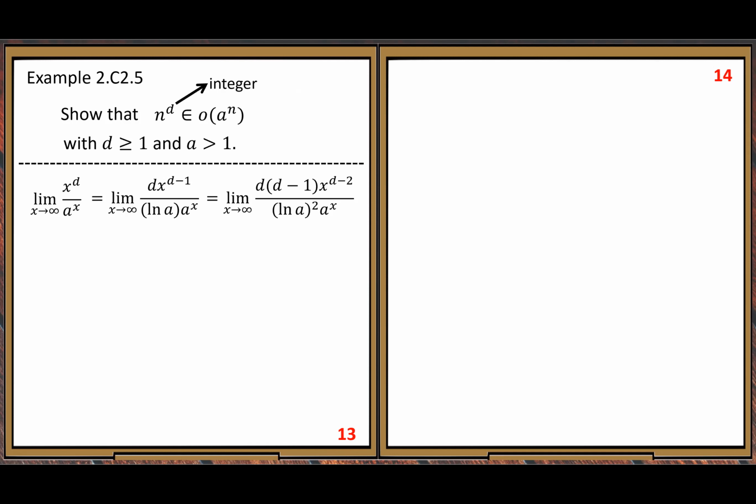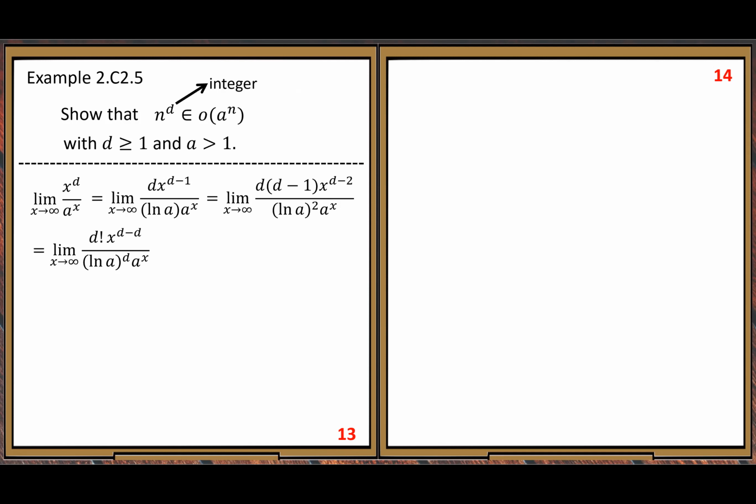You apply another L'Hopital's rule here the second time. Okay? Each time you bring down the exponent by 1 based on the power rule. Second time you bring down the exponent by 2 and so on. All right. Look at after d times, you apply L'Hopital's rule d times.